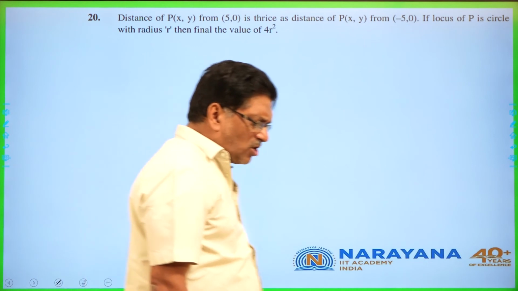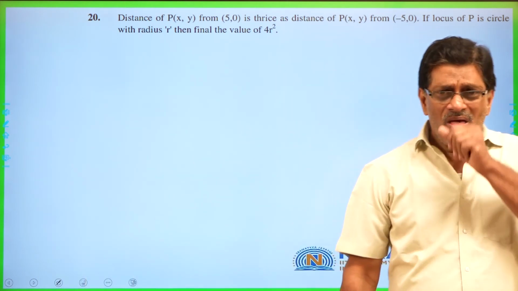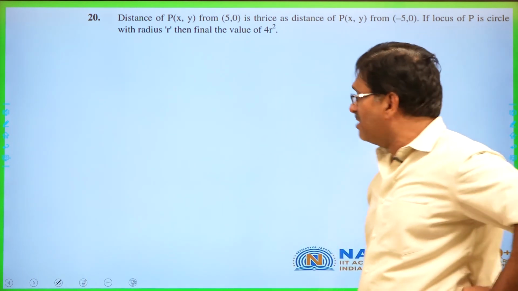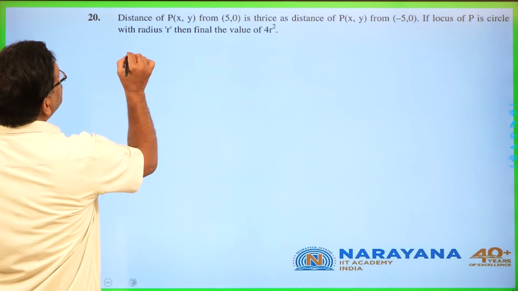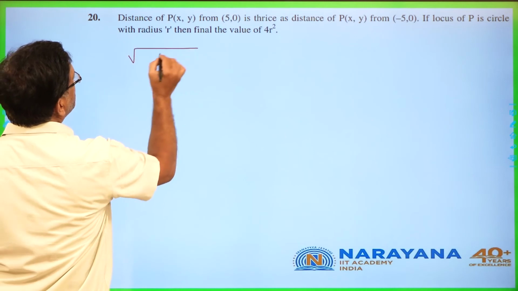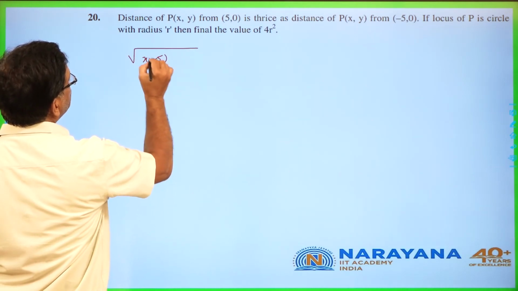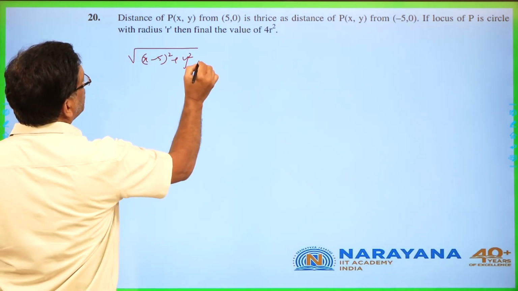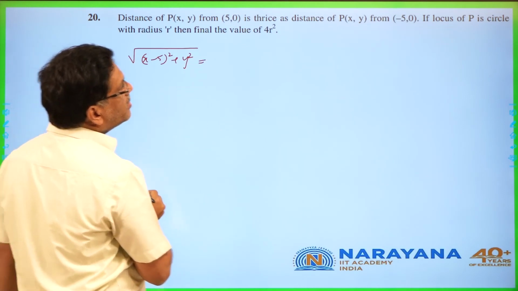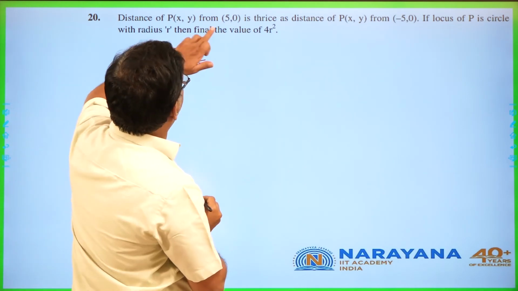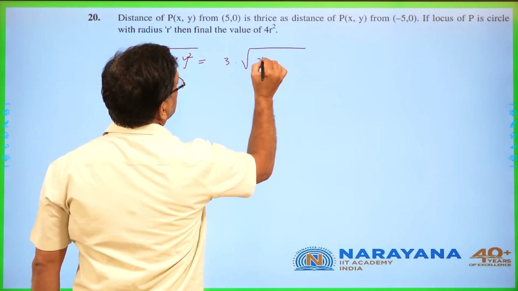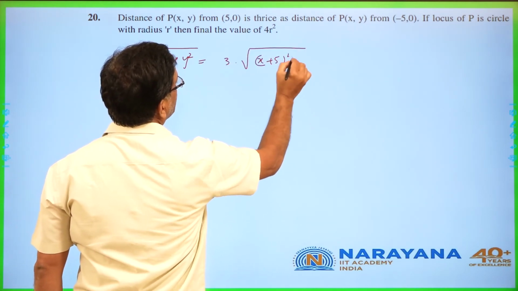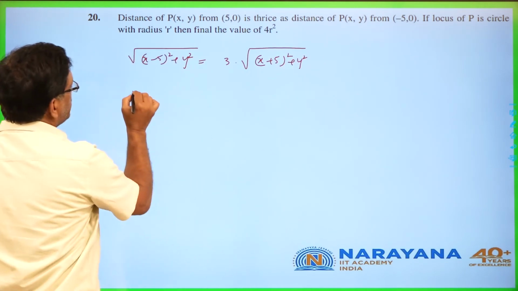Distance of a point P(x, y), like a simple locus problem, from (5, 0). What is the distance? Square root of (x minus 5) whole square plus y square. This distance is thrice the distance from the other point, (x plus 5) whole square plus y square.